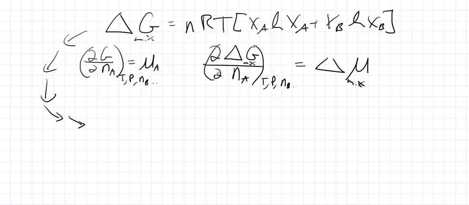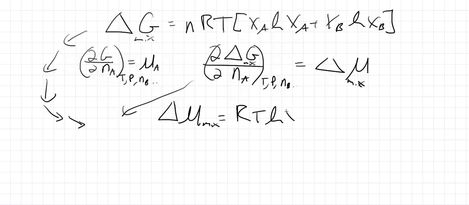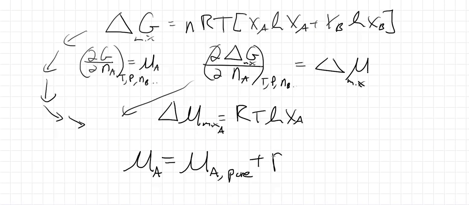If you take this derivative, you get that delta mu of mixing for an ideal solution is equal to RT log of the mole fraction, if we're talking about the chemical potential of A. And if that's how much the chemical potential changes by, we can say the chemical potential of a component in an ideal solution is equal to the chemical potential of the pure component plus that delta term, how much its chemical potential changes when it is mixed.